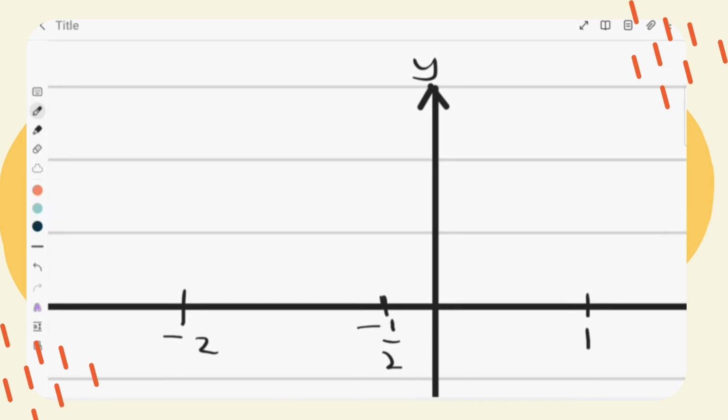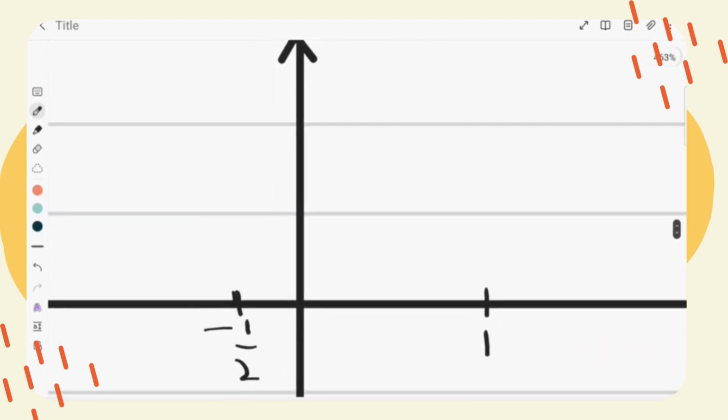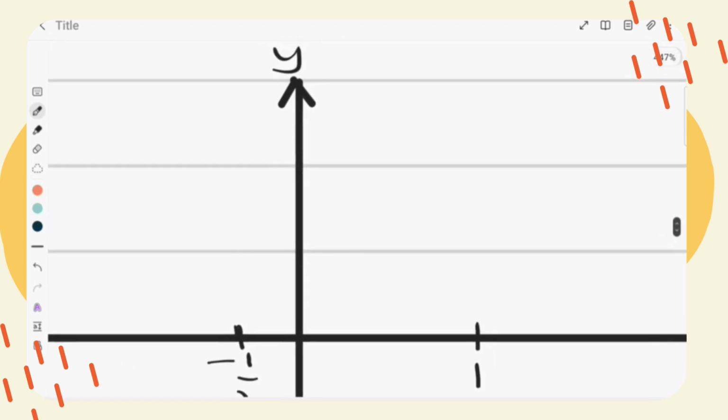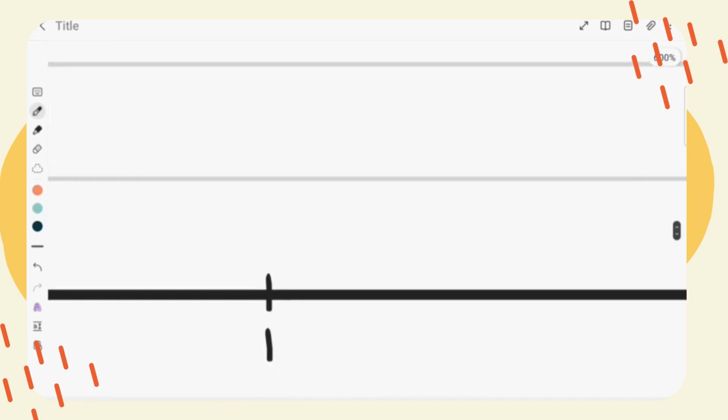When x is negative 2, then y is 0. When x is negative half, our y value is 81 over 16. And when x equals 1, y equals 0.